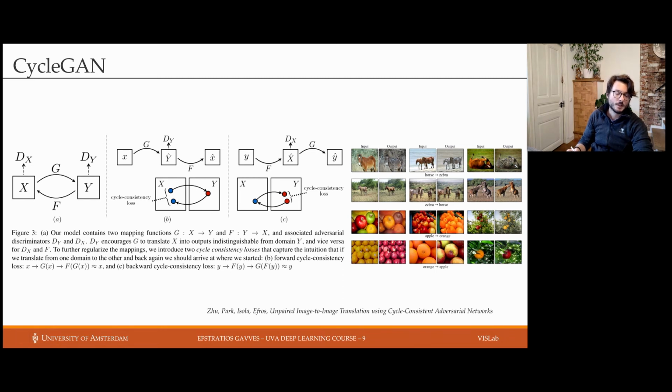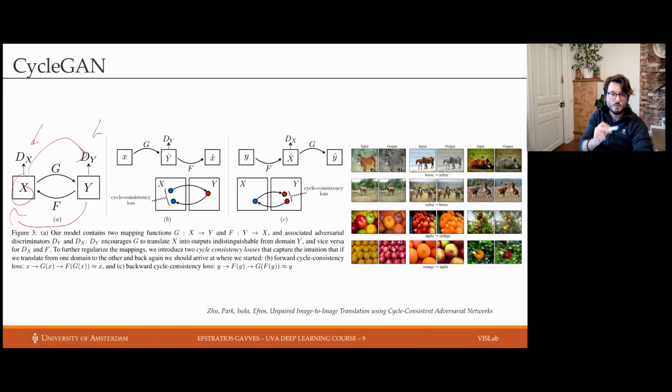CycleGAN is an improvement in a way of the image-to-image translation task, where the basic idea is to have two domains, D of x and D of y, and then from x we move to y, so we generate images for domain x that belong to domain y, and our Dy discriminator has to be fooled that way. But then again, we are closing the loop by using these y generations as our input to return back to our domain x.